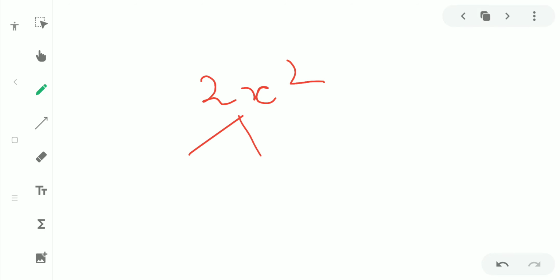We should get 2x multiplied with x, so we are not getting it, and minus 2x minus x also is not possible.